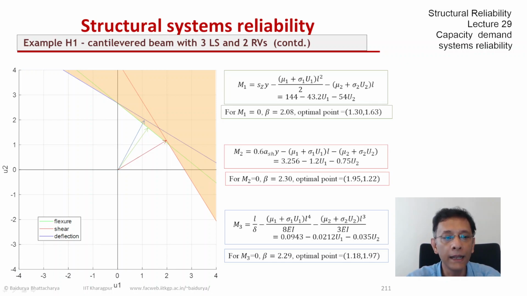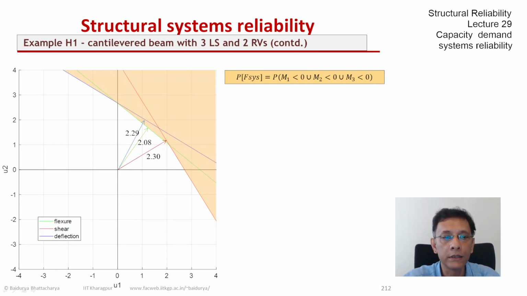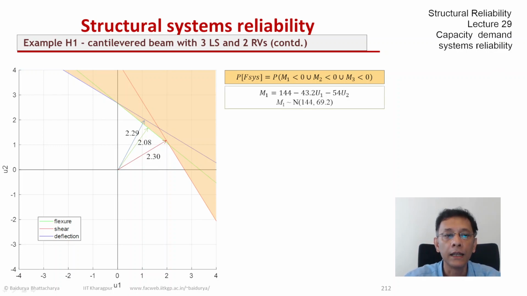Now we need to combine them, and that is the new challenge which we have not solved yet. But what do we need now? We need to realize that this system failure probability, which is P of M1 less than 0 or M2 less than 0 or M3 less than 0, involves M1, M2 and M3, which are all normal random variables.